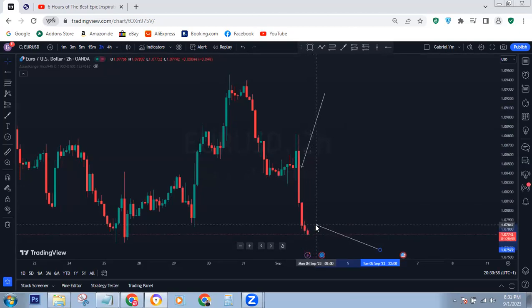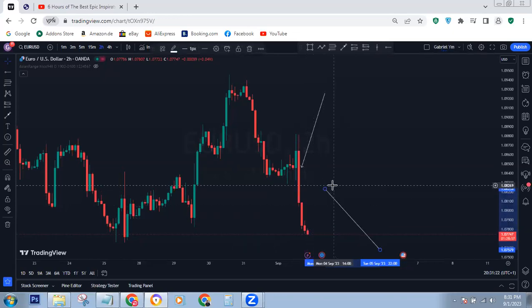Now, 2 hours has not completed, that is why this candle is still forming here. This candle that is forming has not completed 2 hours yet. This candle took 2 hours to form, this one here took 2 hours to form, and this candle too. That is time frame.